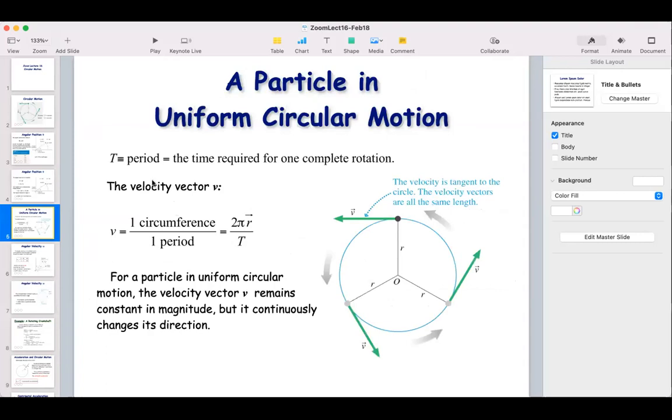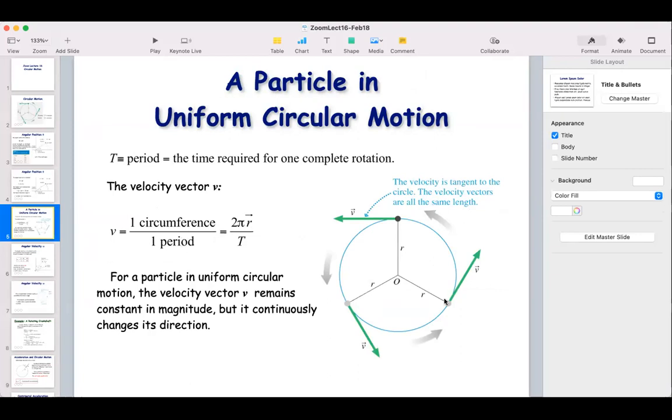Then what is very important to notice is the period. The period is the time required for one complete rotation. If you start from here, how long does it take to arrive again at the same initial position? The velocity you can define with this: the velocity V is equal to 2 pi R, which is our circumference, divided by the period.